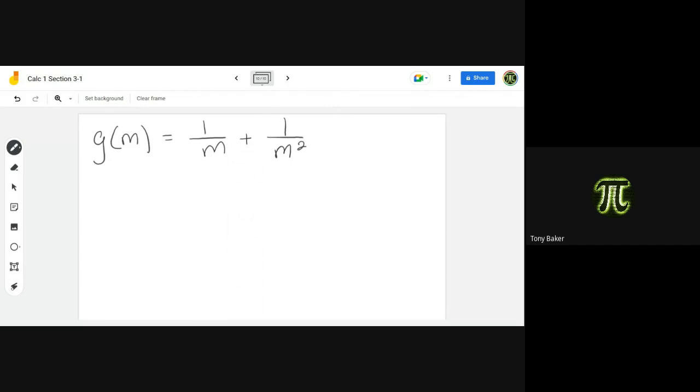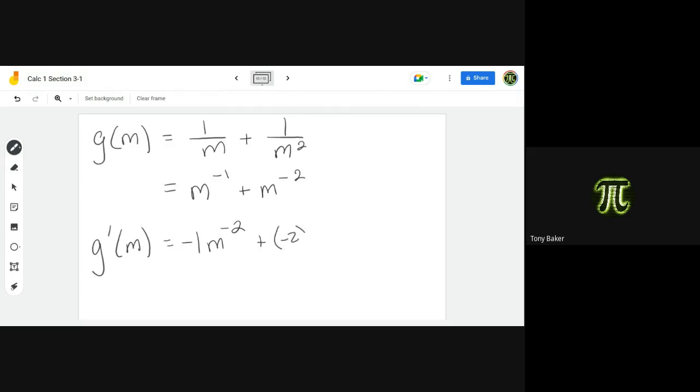Can we do it the way it's written? We have to rewrite it. So that's m to the -1 plus m to the -2. The -1 comes down. -1 minus 1 is -2.